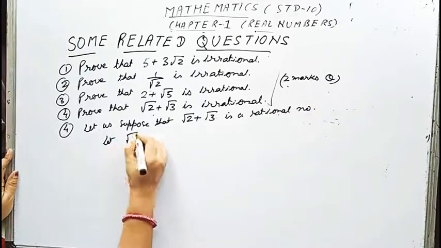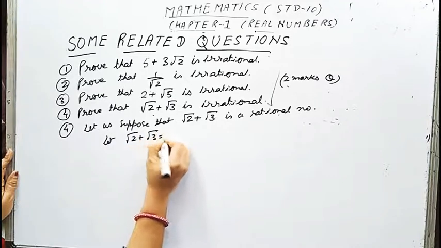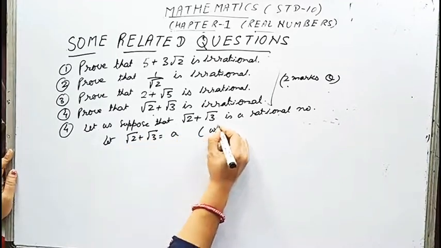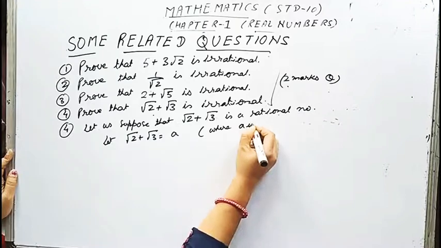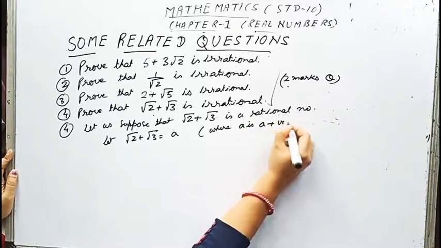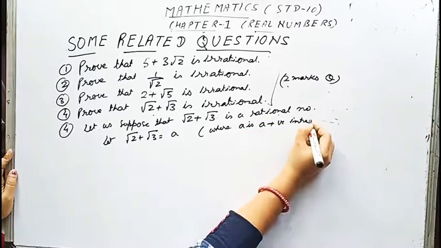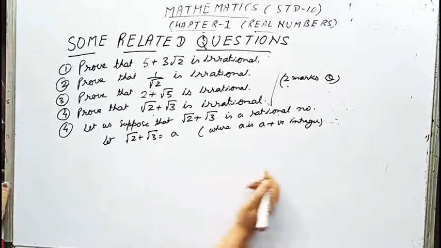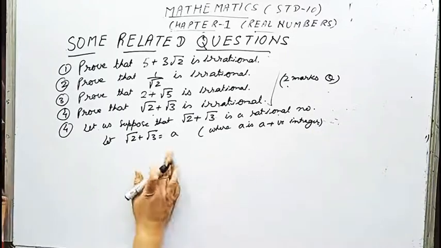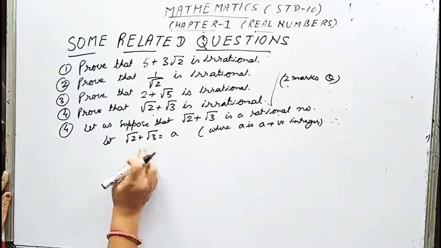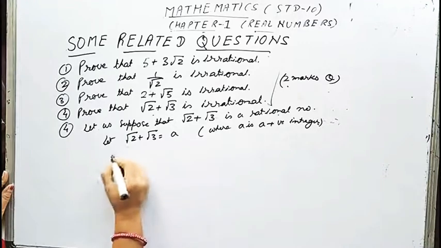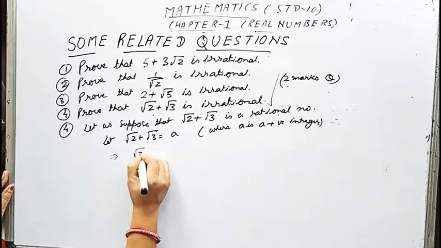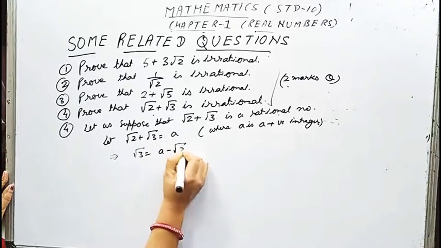So let root 2 plus root 3 equal a, where a is a positive integer. Children, here you can take a by b as well, as we did in the last questions, but if you take a, it will be easier. Now in root 2 and root 3, take 1 to the right hand side.